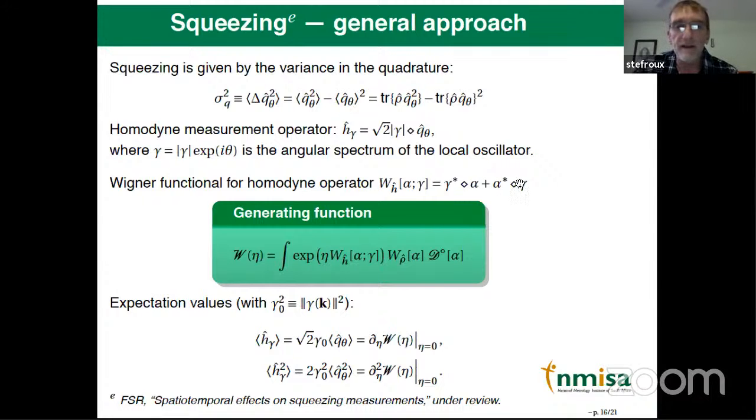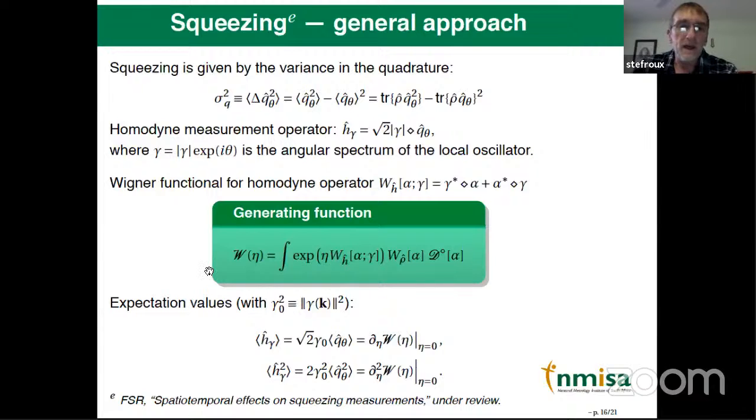In terms of a Wigner functional, the homodyne operator becomes this expression. Now, to make my life easier, I'm going to express this as a generating function. In this generating function, I put the Wigner function for the homodyne operator in the exponent together with a generating parameter, and then I multiply that with my down-converted field, and then I integrate that.